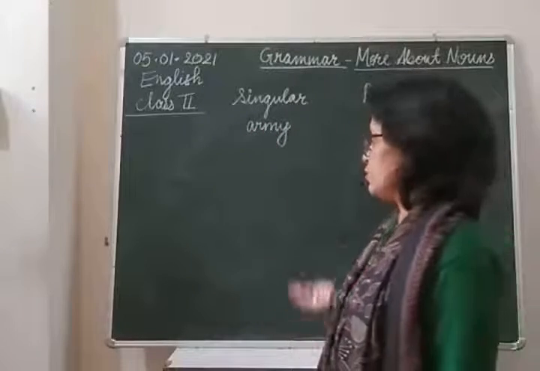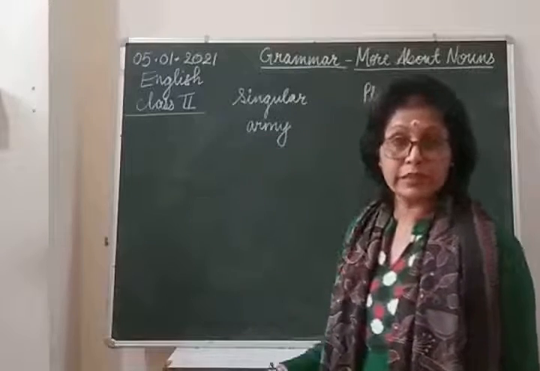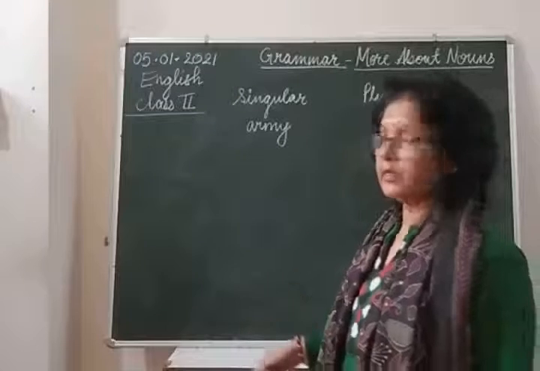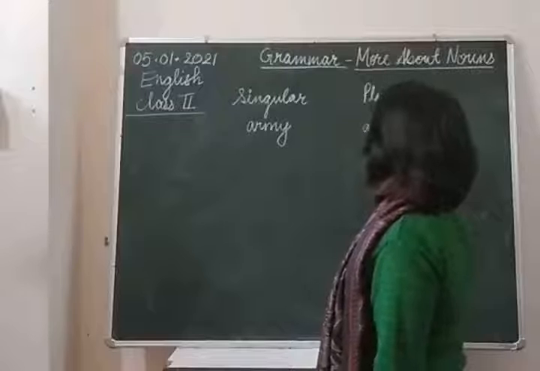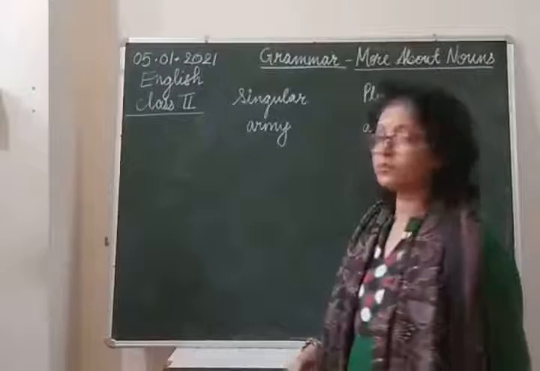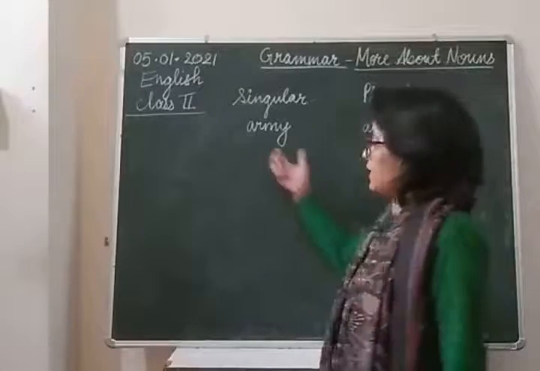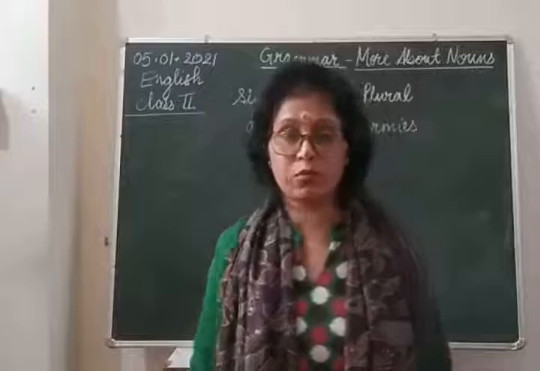And as I have told you, if the letter just before Y is a consonant, then we have to replace Y with IES. So we will write A-R-M-I-E-S, armies.